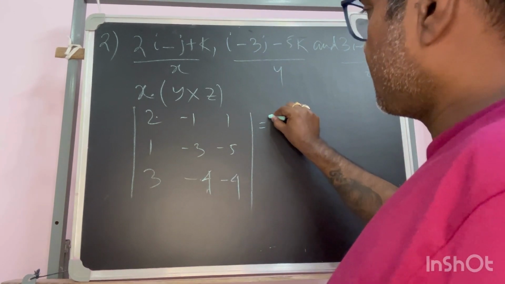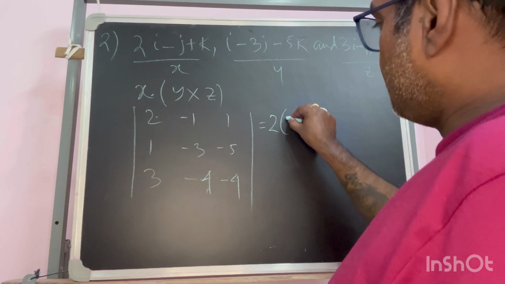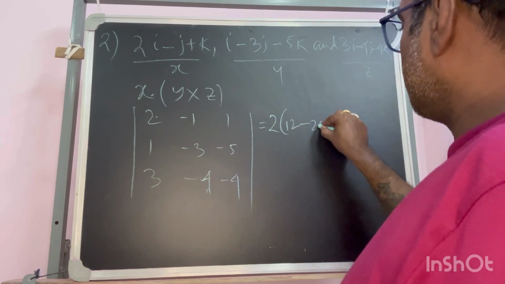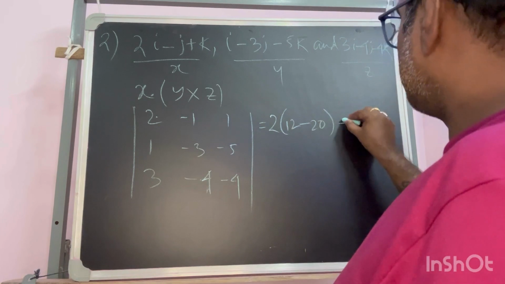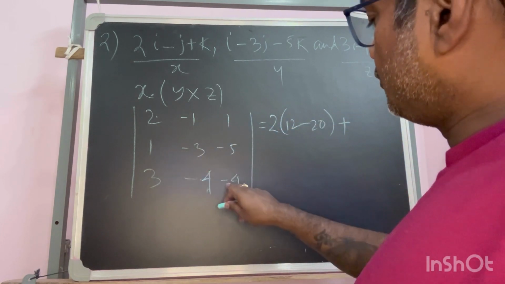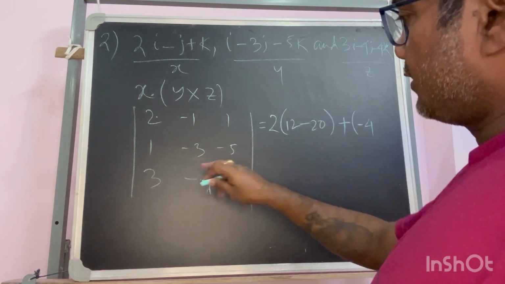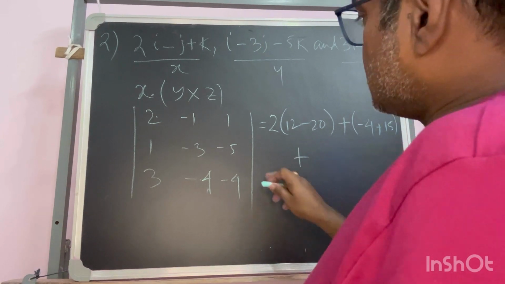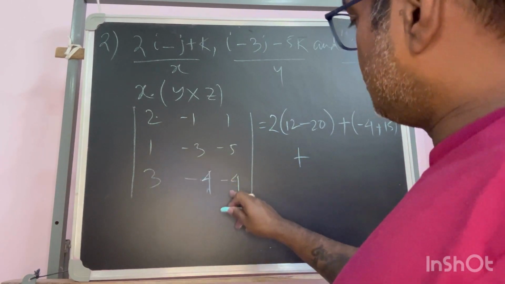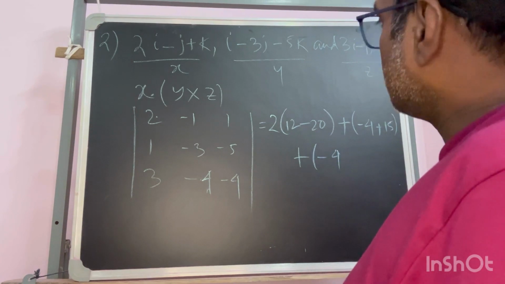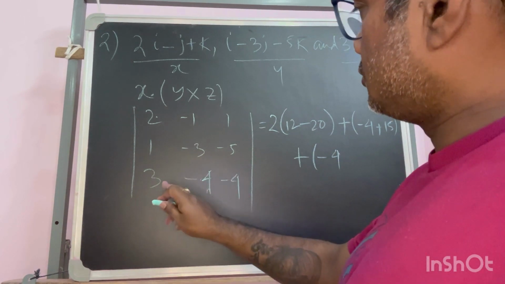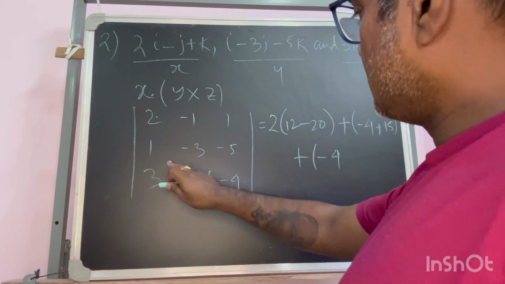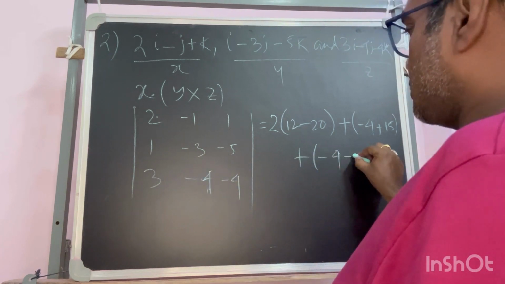So the first one is 2 into minus 3 minus 12, minus of 20 minus 1, so this will be plus 1 into 4 minus 4, this into this minus, plus 15, and the third one is 1 into this minus 4 and this into this last one, this into this minus 4, this into this, so this will be plus 9.